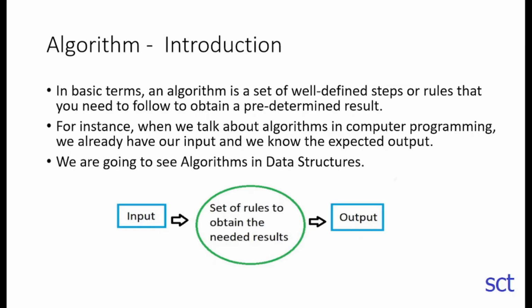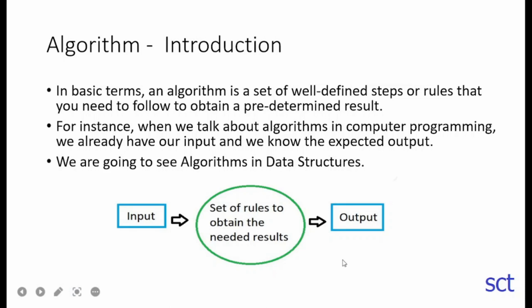Next, we go to algorithm. In basic terms, an algorithm is a set of well defined steps or rules that you need to follow to obtain a predefined result. For instance, when we talk about algorithms in computer programming, we already have our inputs, and we know what the expected output is.